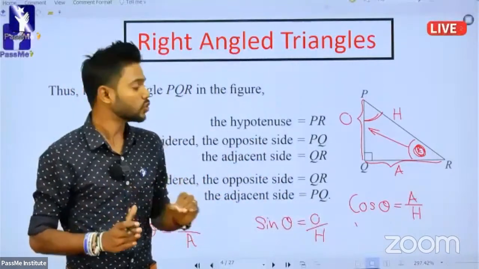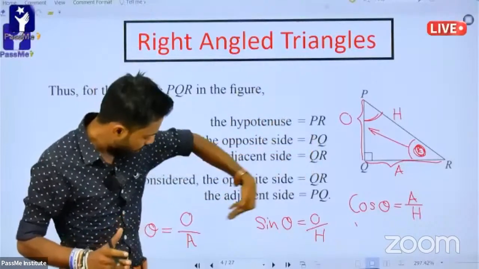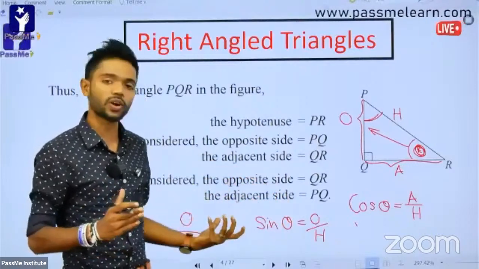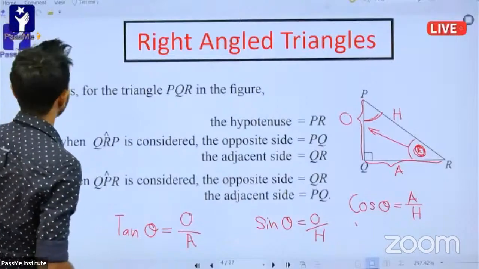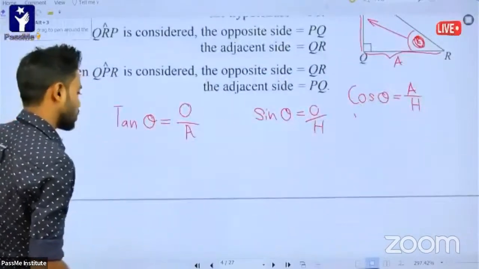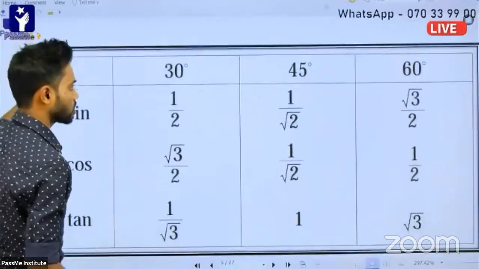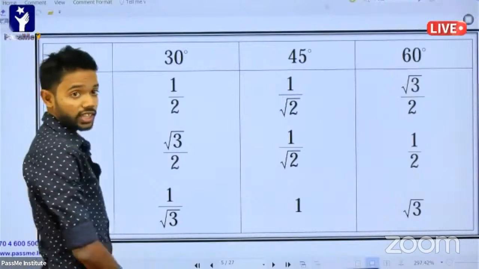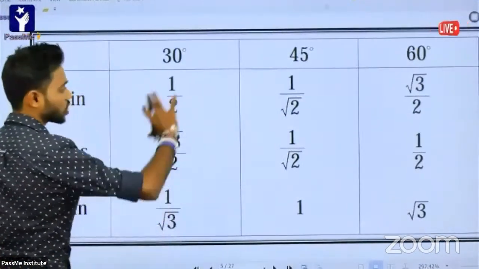The only thing is you have to look at the data and find the relevant trigonometry ratio. If you know this one, the others are very simple. Okay, let's proceed now. As I mentioned last time, there is a table with the angle and sine, cos, tan. You have to remember this table. In last week's seminar, I gave you a method to remember all 9 values.